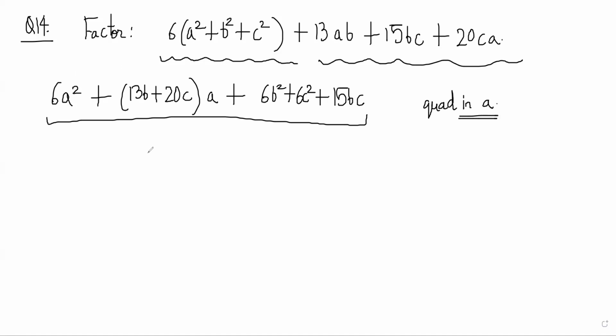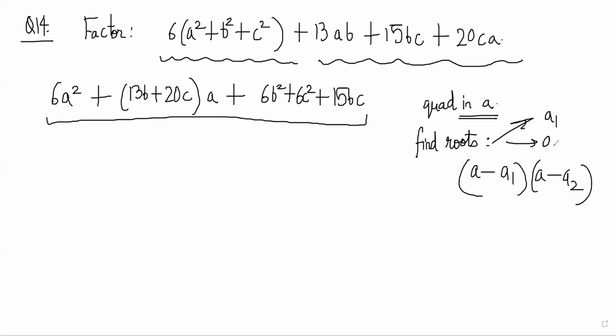So what we need to do is find the roots of the quadratic, and write it as a product of factors (a − a1)(a − a2). If the roots are a1 and a2, the quadratic can always be written as a product of factors, right? In this case, since it's not a monic polynomial, we have to write it as 6(a − a1)(a − a2).